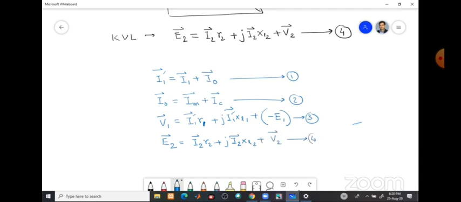So you can remember these four equations. These four equations will explain the transformer circuits completely. You can remember only these four equations for transformer circuits. Any doubt so far? You can ask.